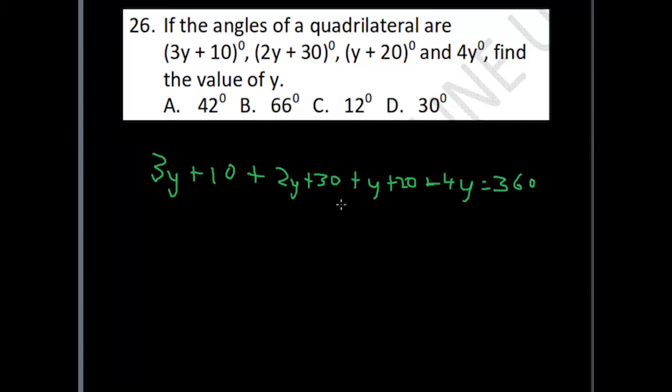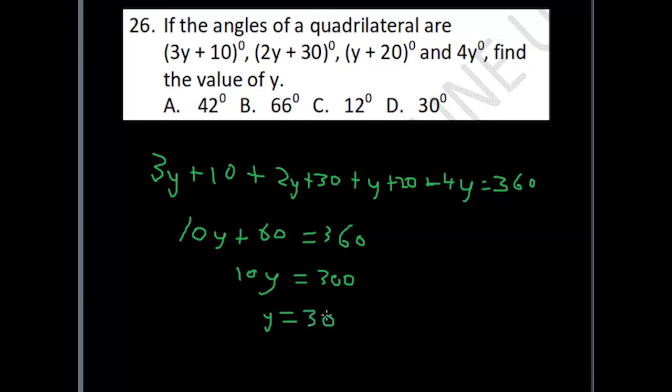So 3y plus 2y plus y plus 4y gives 10y, and solving, y equals 30.